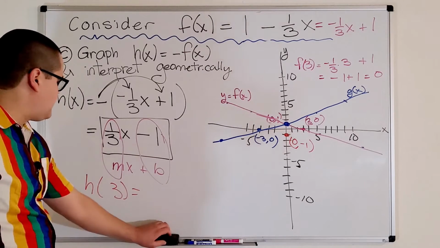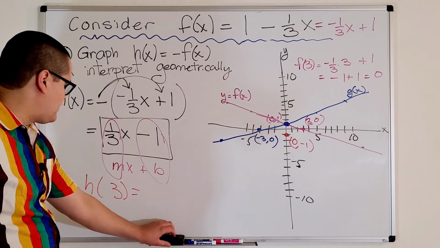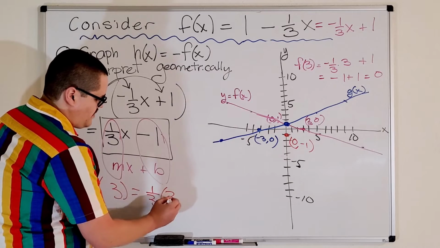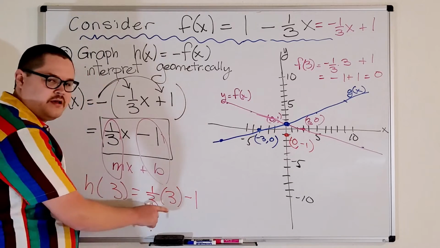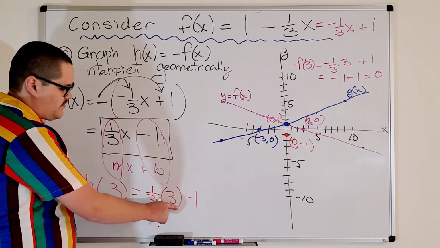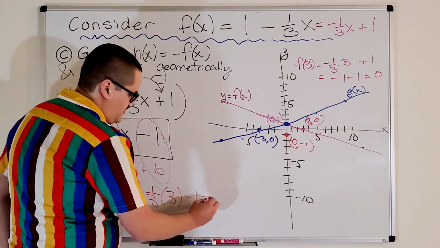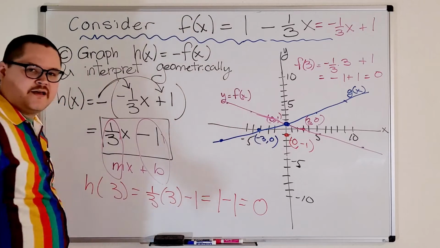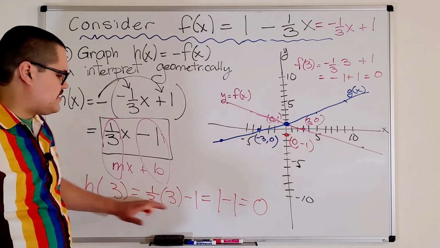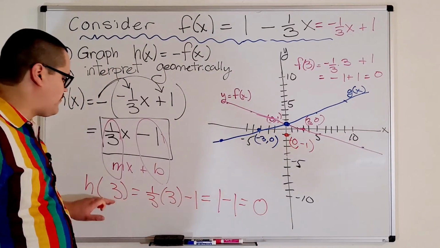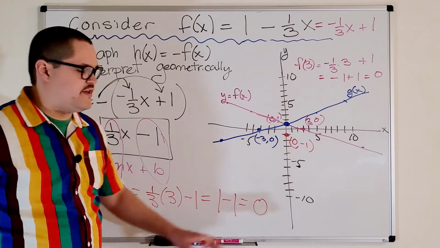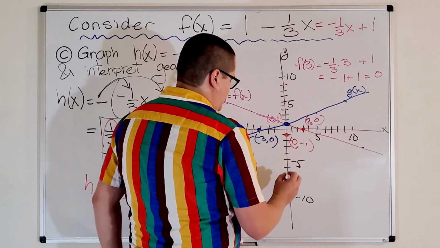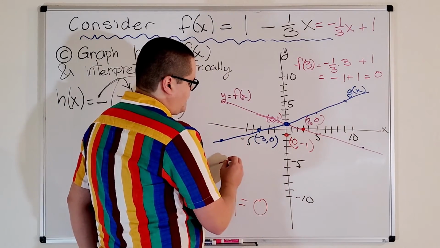So h of positive 3 will be 1/3 of positive 3 minus 1. So 1/3 of positive 3 is 1, minus 1 is 0. So if h of 3 is 0, that means the point 3, 0 is on the graph of h. 1, 2, 3. Okay, it's this point again. Now we connect the dots.